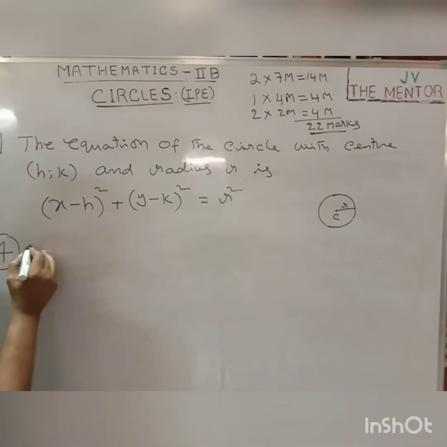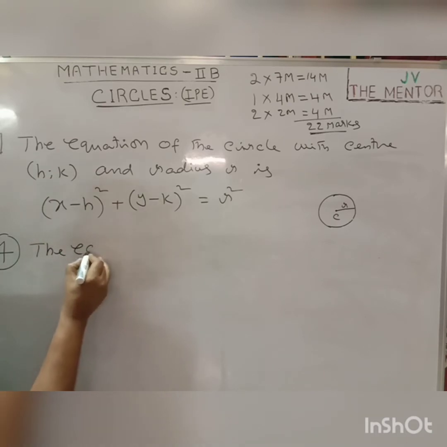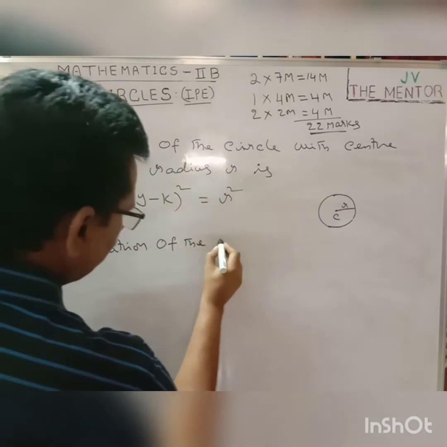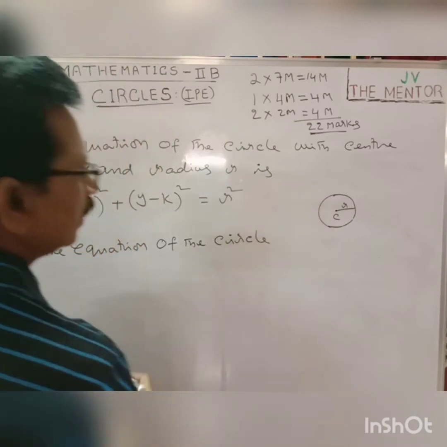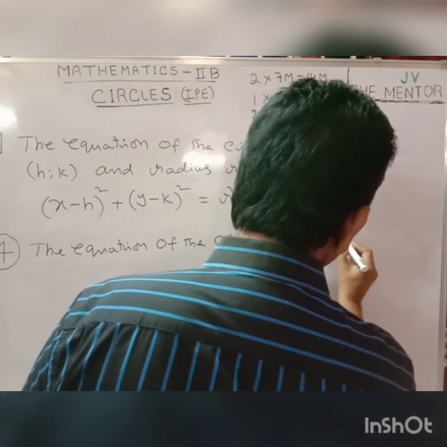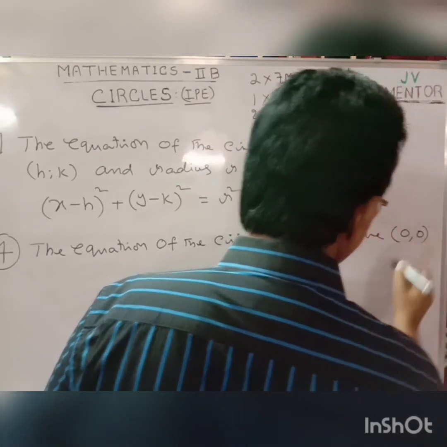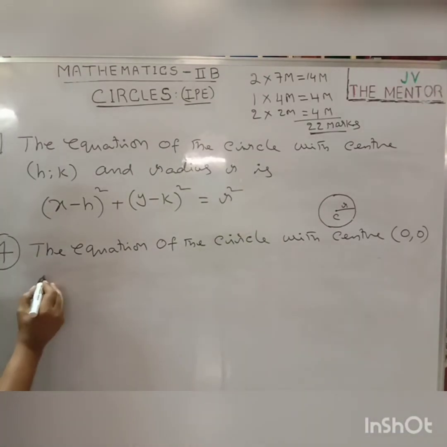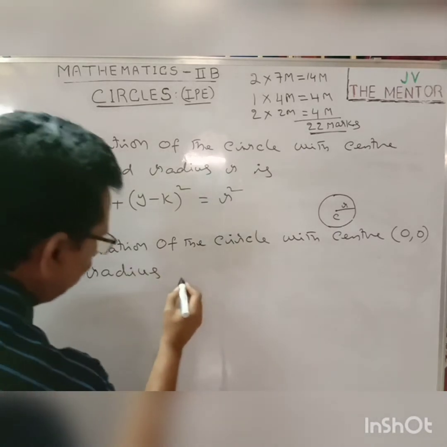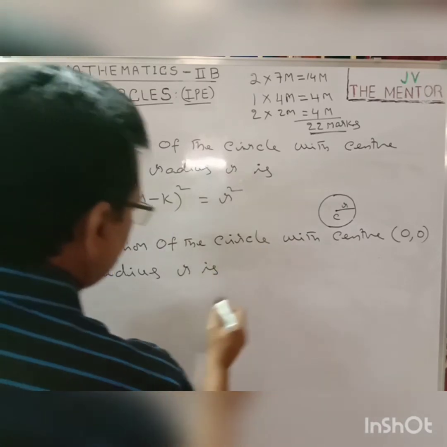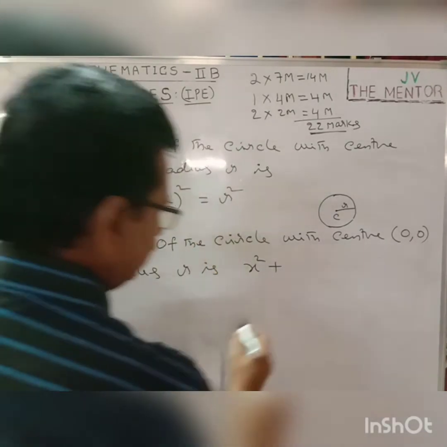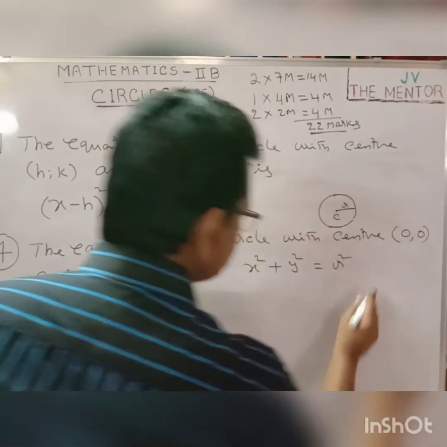Okay. The equation of the circle with the center 0 comma 0 and radius r is x minus 0 whole square, that means x square, plus y minus 0 whole square, that is y square, equal to r square.